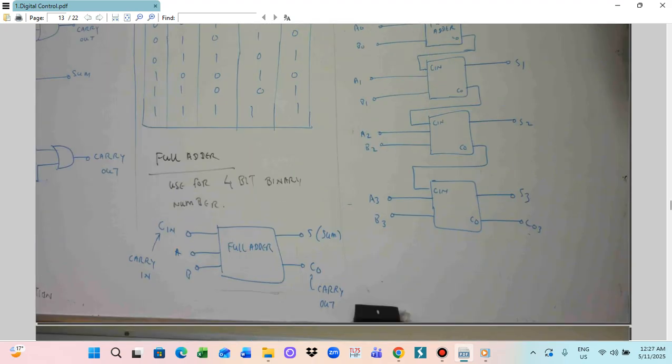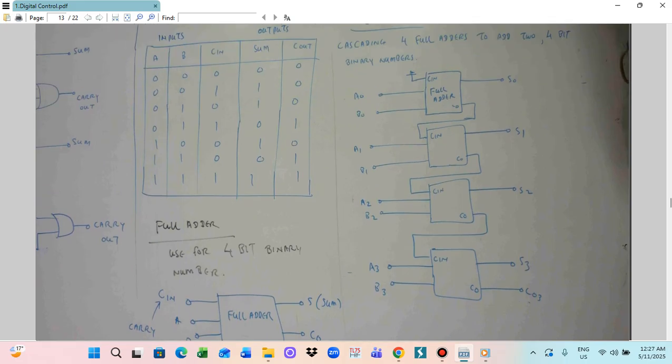So this is a full adder circuit. A full adder circuit means the inputs are carry in, A, and B, and the outputs are the sum and the carry out.